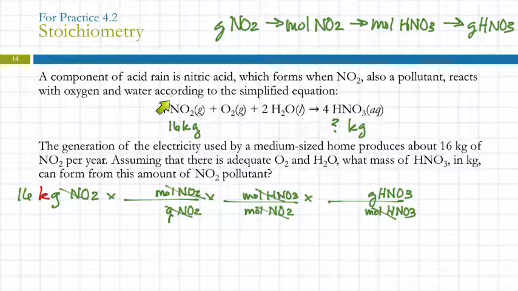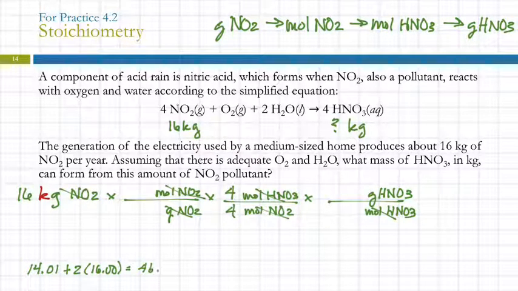Well, mole ratios here. 4 moles of NO2 produce 4 moles of HNO3. So it's 4 and 4. I need the molar mass of NO2, so I need to calculate that. So it's nitrogen plus 2 oxygens. So 46.01. So 1 mole of NO2 weighs 46.01 grams.